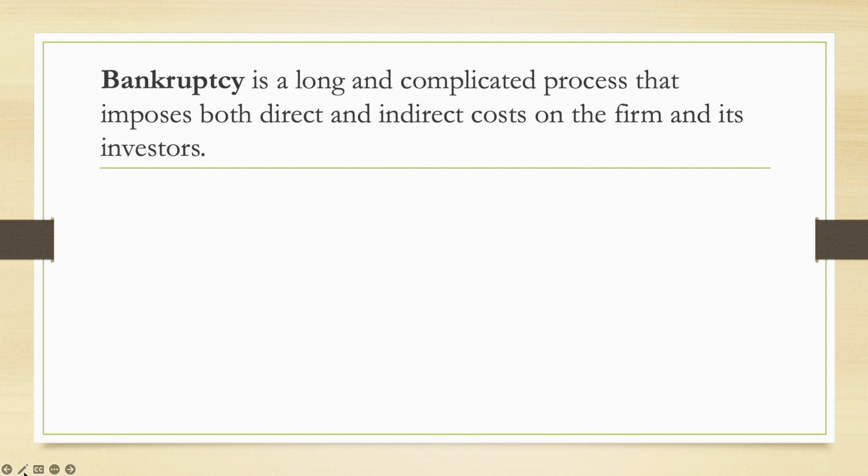This is because outside professionals, such as legal and accounting experts, consultants, appraisers, auctioneers, and others with experience selling distressed assets, are generally hired to handle the bankruptcy process. These outside experts are costly.